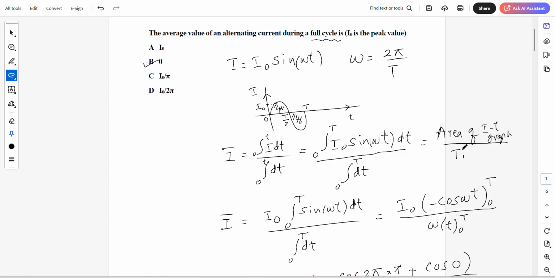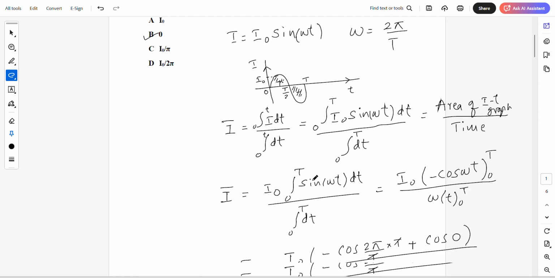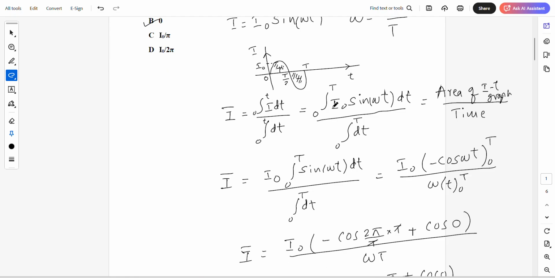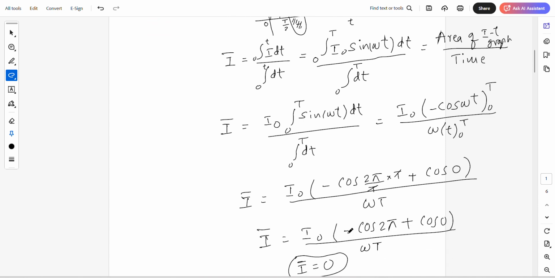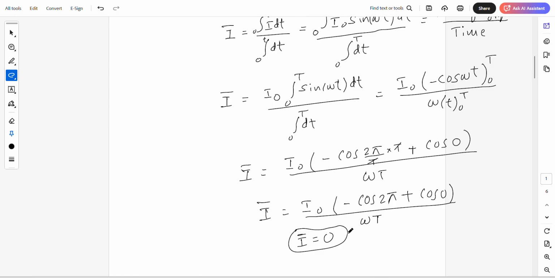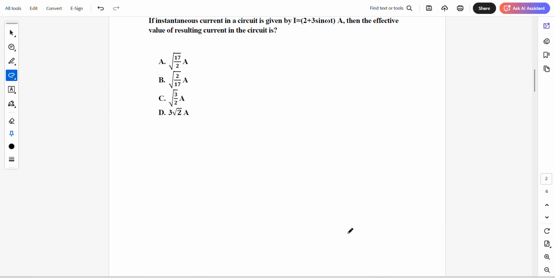In place of I, you substitute I naught sin omega t and then integrate, and you will get I average over one full cycle as 0. Hope you understood this one. Okay, we'll take the next problem.